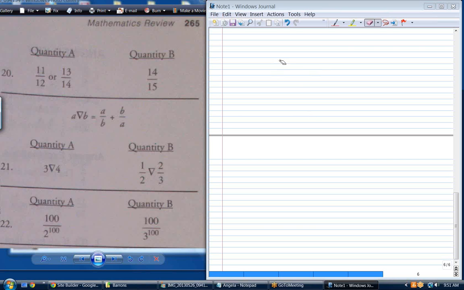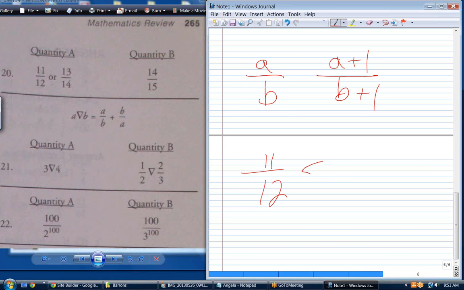Well, let's take the basic premise of which is bigger, A over B or A plus 1 over B plus 1? A plus 1 over B plus 1. Right. In other words, 11/12 is smaller than 12/13, definitely smaller than 13/14, which is definitely smaller than 14/15.